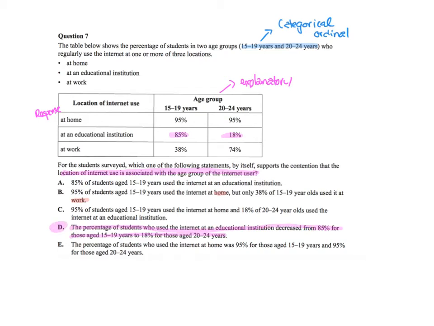Now can you see, because they're both at the education institution, where the other ones were always a different spot. This one said home, this one said education, they're different. And the last one, using both of the same thing, doesn't support that it's associated because they're the same percentage, all right?